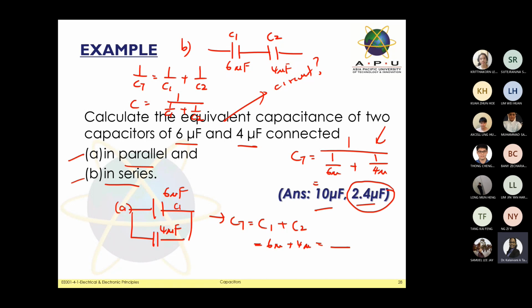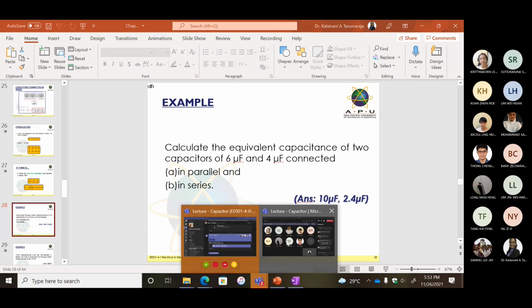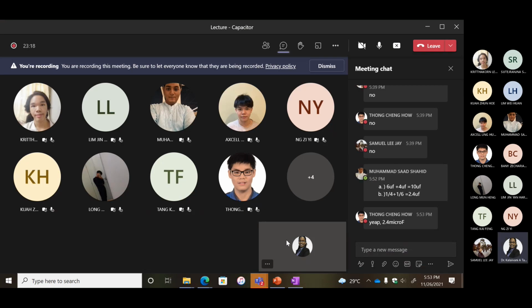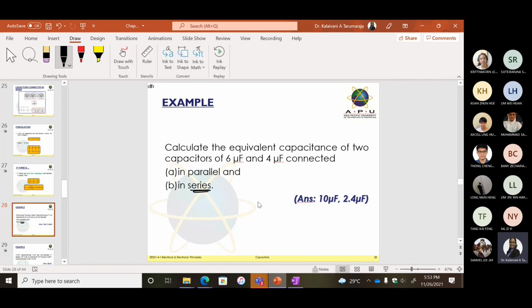Can anyone calculate? 2.4. Okay, only one student responded to me. How about the others? Just substitute for your series one. Substitute the values: 1 over C total equals 1 over C1 plus 1 over C2, so 1 over 6 micro plus 1 over 4 micro.